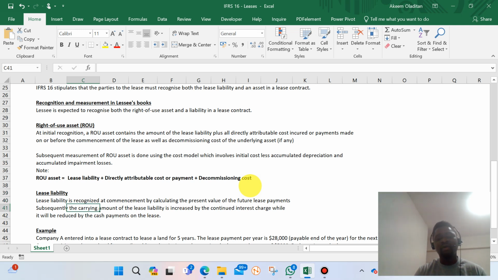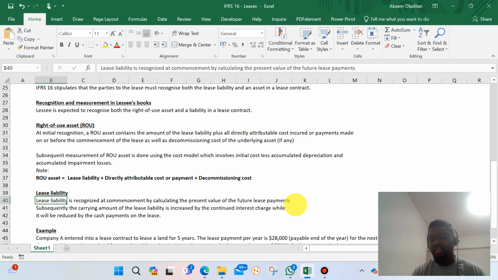So let's now look at what the lease liability is. The standard says the lease liability is recognized at commencement by calculating the present value of the future lease payments. For instance, on a lease contract for 3 years, you are paying £5,000 per year for the next 3 years.